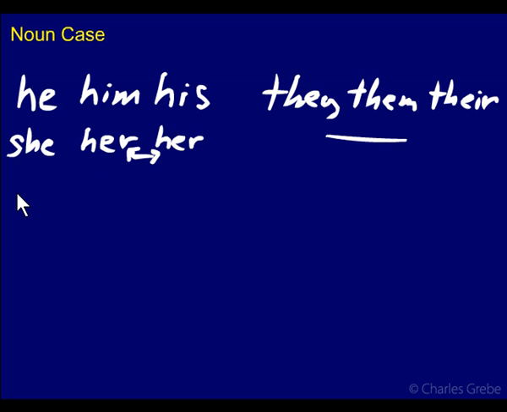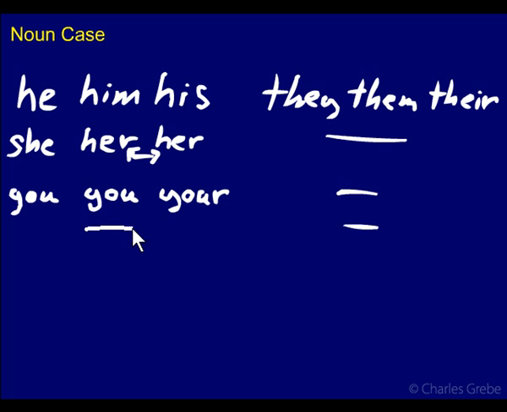You, second person now, so we have you hit the ball, she loves you. So here, the nominative and the accusative are the same form, but in the possessive, or the genitive, we have a different one. Your ball. We don't say you ball. And again, there's actually no distinction in number or gender in the second person English, as we looked at before.